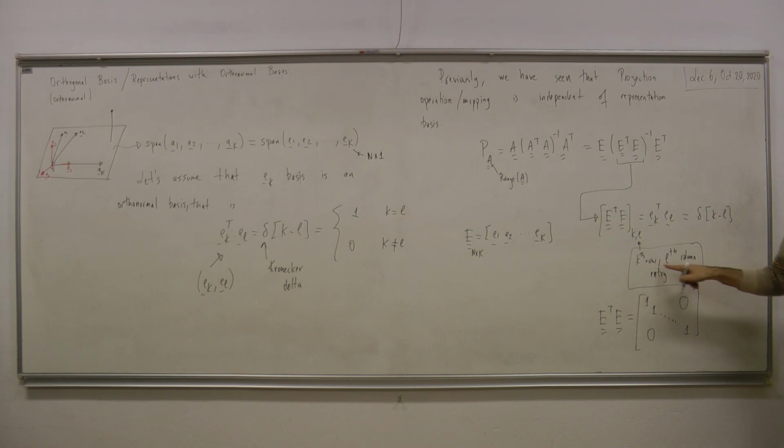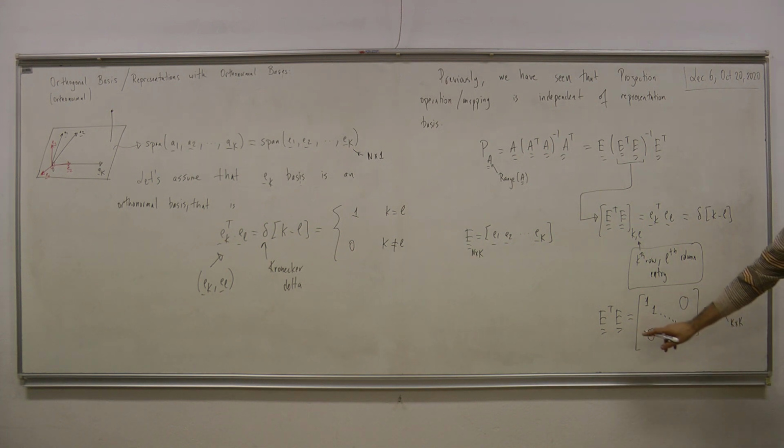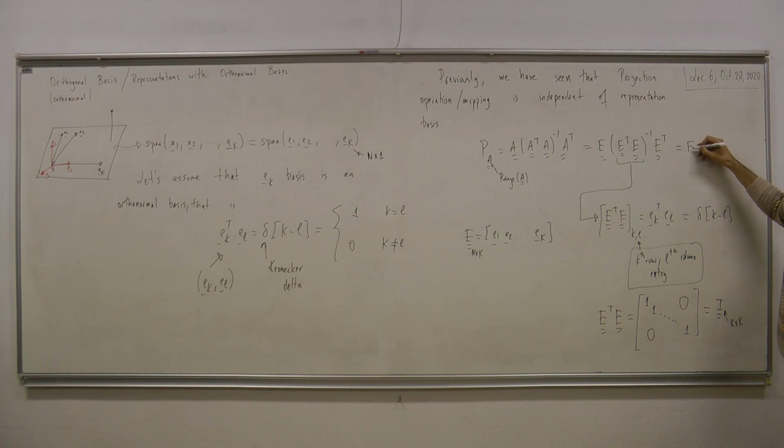So for example, the 1,1 entry of this matrix is equal to 1. Otherwise, it's all equal to 0. And we call this matrix the identity matrix. Okay. So this is a k by k identity matrix. So this is the advantage, you may say, of an orthogonal basis. This matrix becomes identity, and obviously then I end up with a simpler result, a projection result.